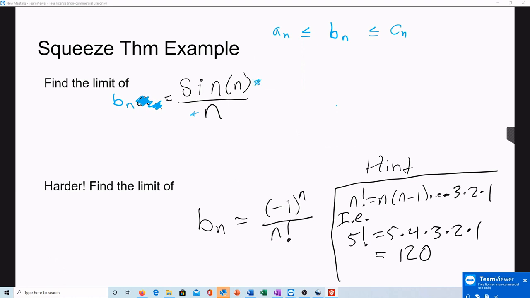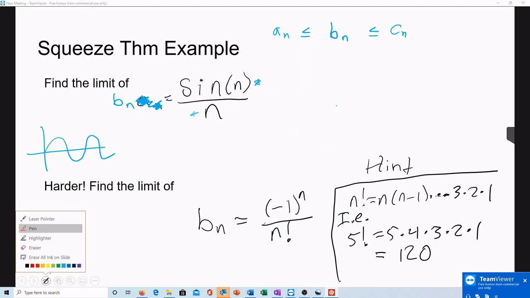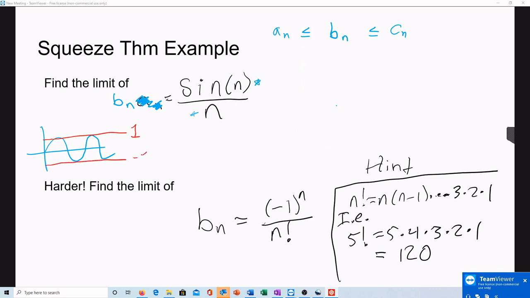I think to myself about sine, and you could even do a little drawing for yourself. Here's sine. What you should notice is that I'm squeezing, so I need something above and below. That's pretty easy. Here's something above, here's something below.